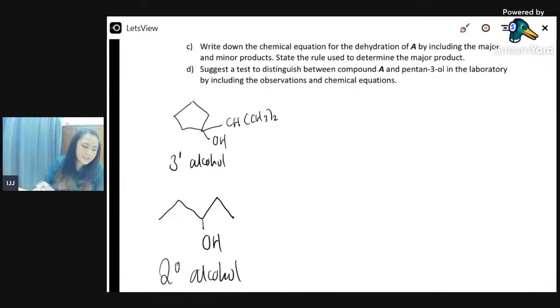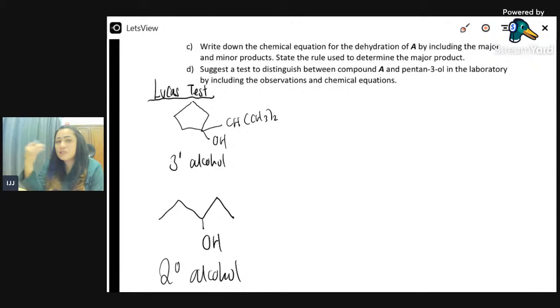So kita tulis, okay, the test that we're going to use is Lucas test. Mesti tulis, okay, Lucas test. And then the second step will be you need to write down both of the chemical equation when you react them with Lucas reagent. Okay, both chemical equation mesti ada.